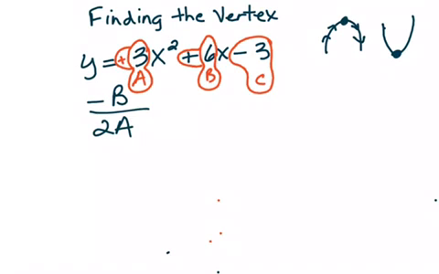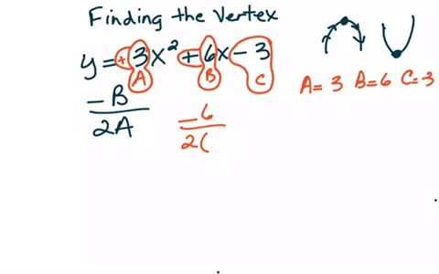So to solve this formula, I have to go negative b divided by 2a. Sometimes I have kids write it down: a equals 3, b equals 6, and c equals negative 3. So negative b over 2a. My b is 6, so I'm going to go negative 6 over 2 times a.